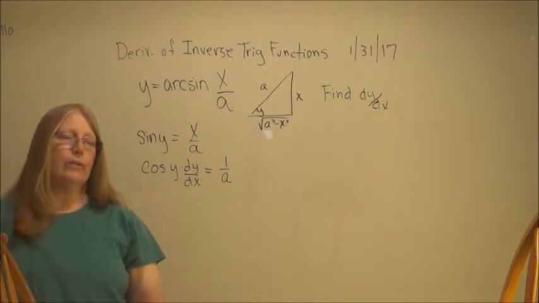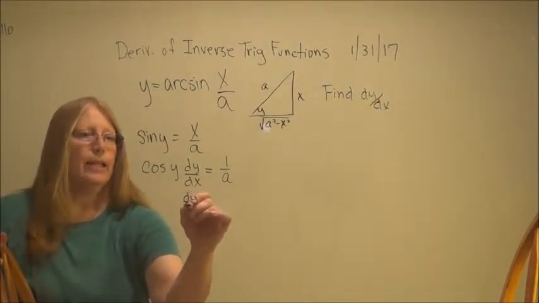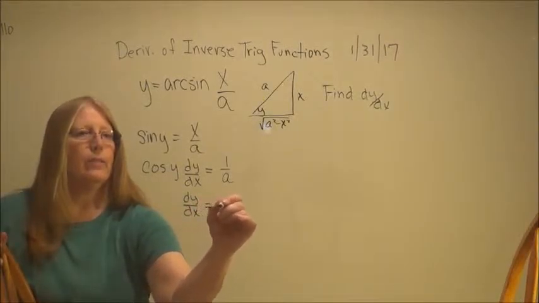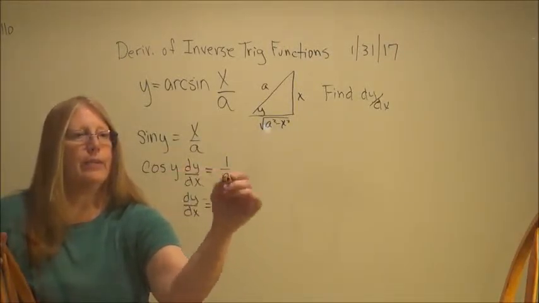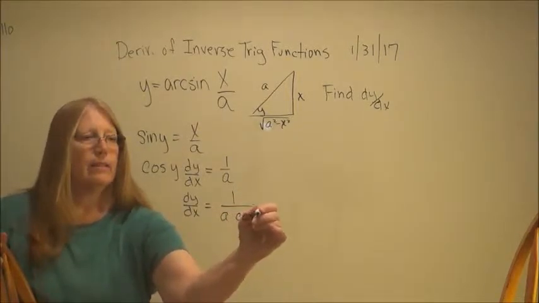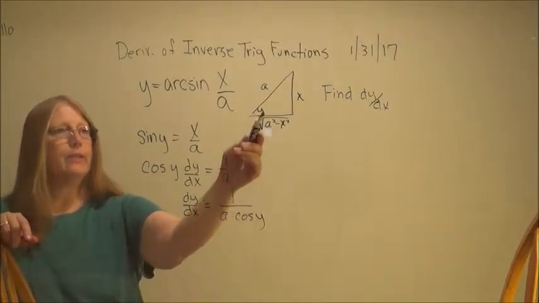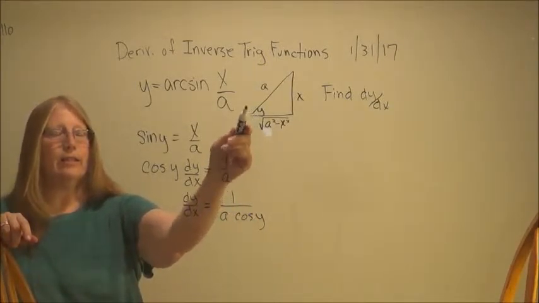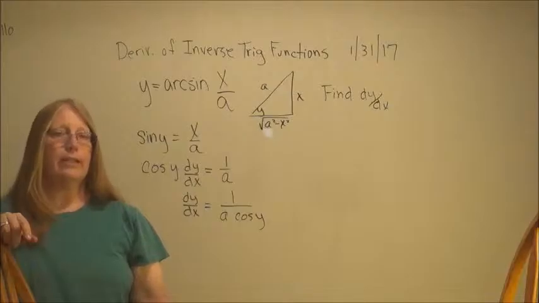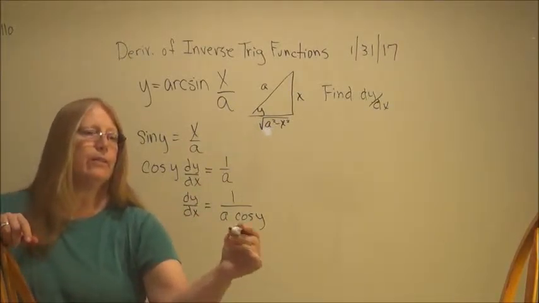Now, to solve, we're going to find dy dx by solving. dy dx equals, we're going to divide both sides by cosine of y. But cosine of y, I can write in terms of x by looking at this equation, or looking at this triangle. What is the cosine of y? It is the adjacent over hypotenuse.